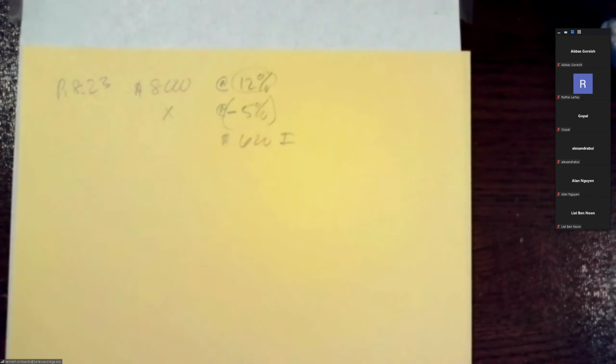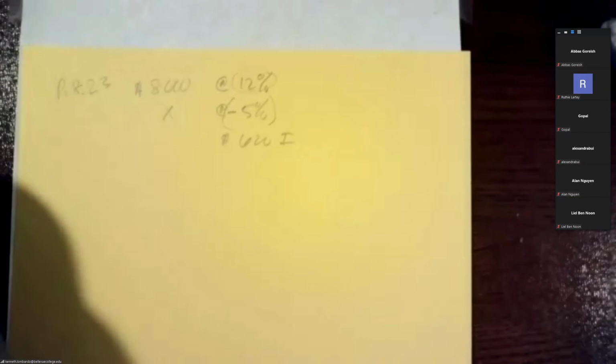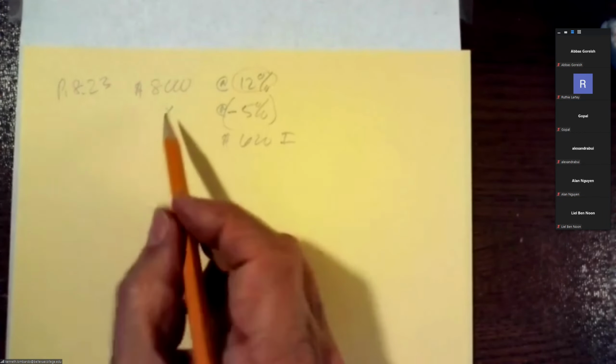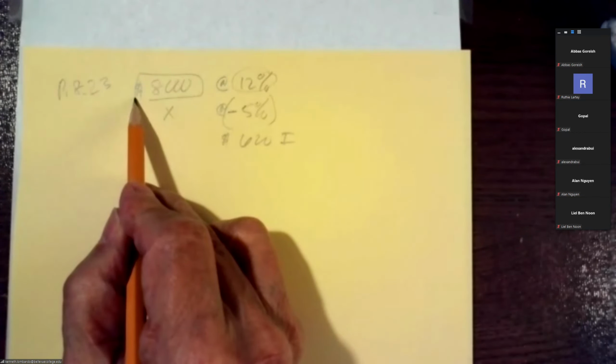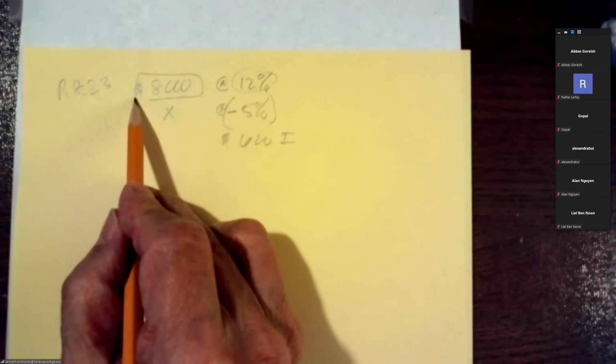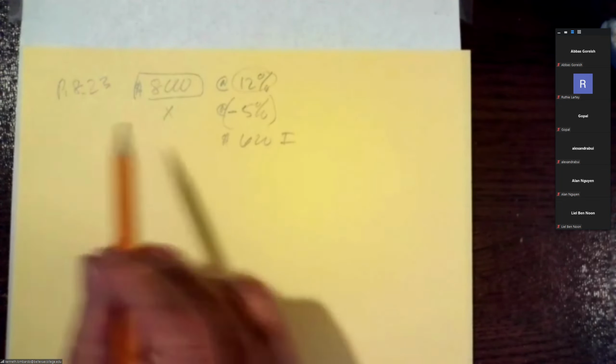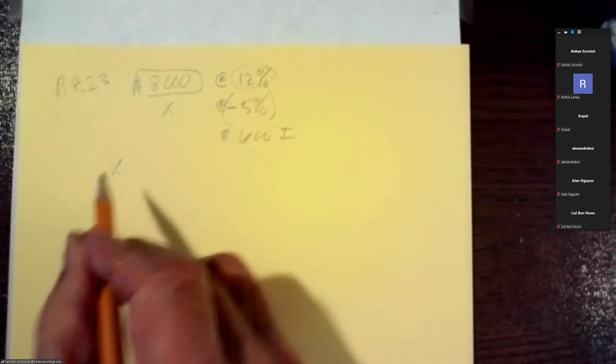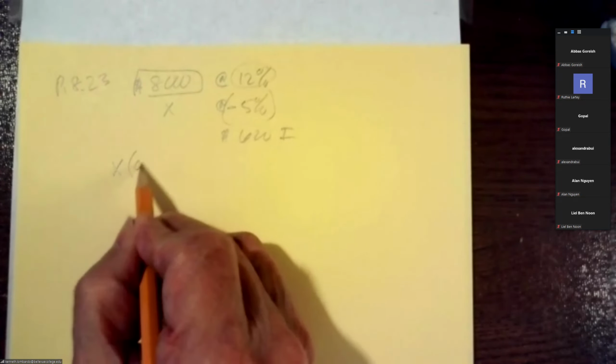You have 8,000 total that you want to invest. That's this. And part of it is at 12%. So let's say X amount invested at 12%, 0.12.